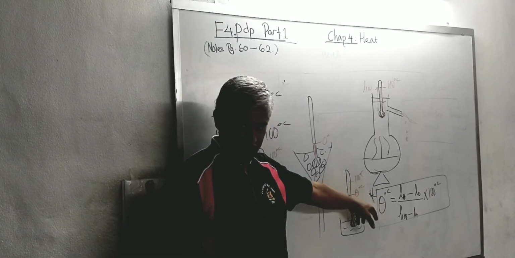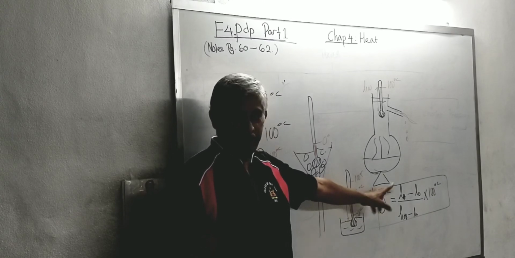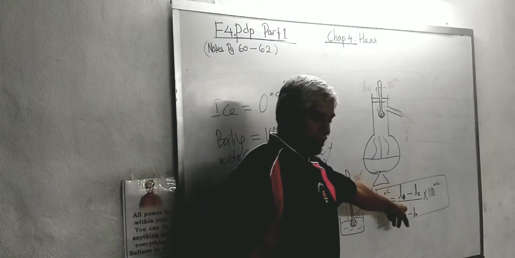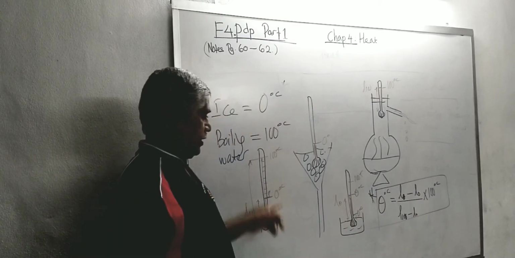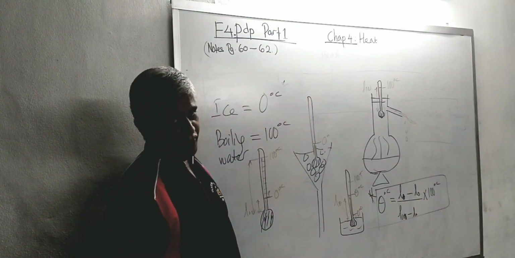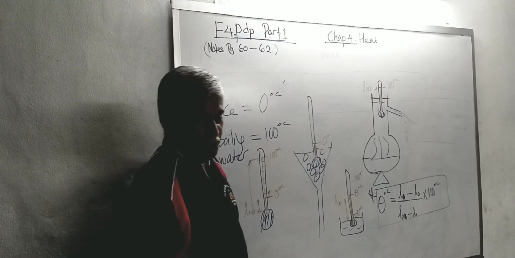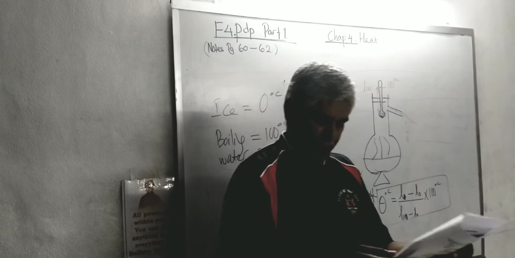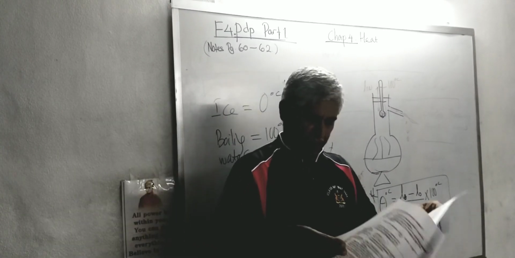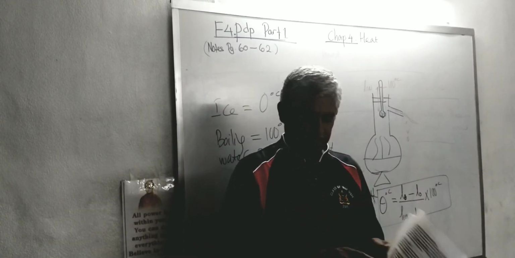Any temperature you want to find, you use L theta minus L0 divided by L100 minus L0, this is for the mercury thermometer as shown over here. All this you can already find on page 62.